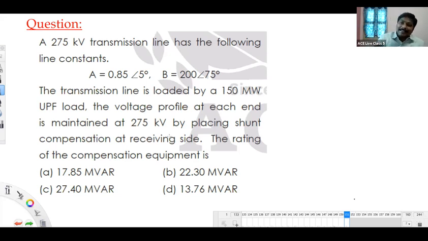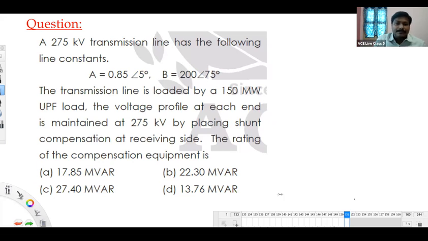By keeping that, he is interested to maintain both receiving end and sending end voltages at 275 kV. The rating of that compensation equipment is how much in MVAR?